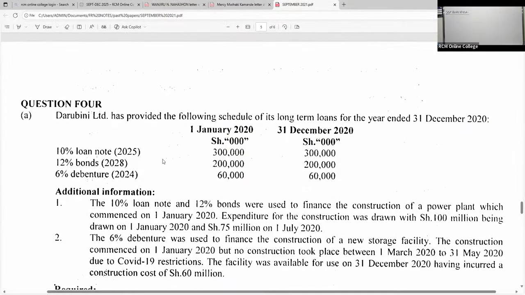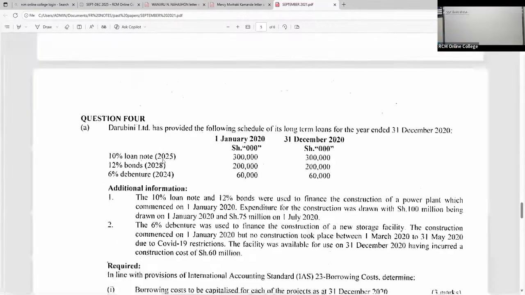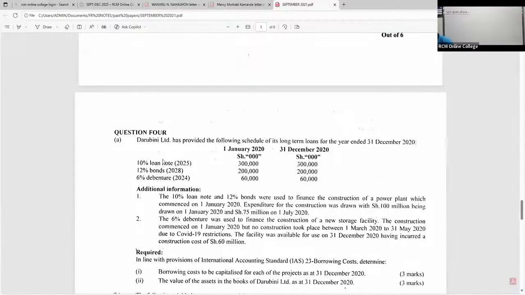For the benefit of those who might not have it, you're told Darubini Limited has provided the following schedule of its long-term loans for the year ended 31st of December 2020.